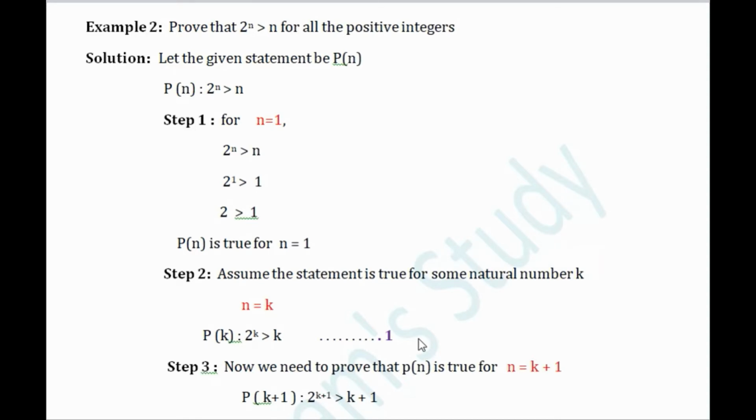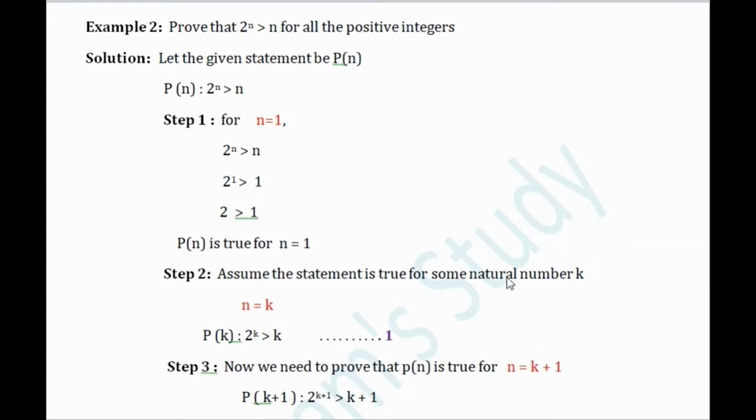Yes. So next is the step 3. Now we need to prove that P of n is true for n is equal to k plus 1 also. Now when we assume that the given statement is true for some natural number, then we need to prove that the given statement is true for the next natural number.